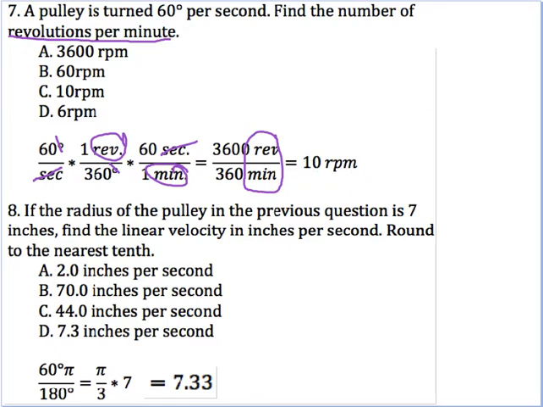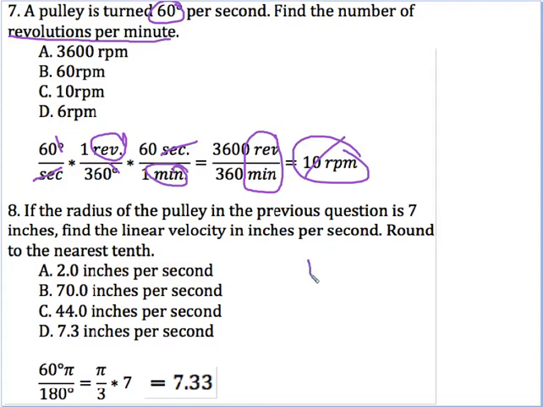Okay, now here's number 8. If the radius of the pulley in the previous question is 7 inches, find the linear velocity in inches per second. Now, if you try to use this, you're going to get the wrong answer. So there are 2 ways you can do this. You can go back to your angle of 60 degrees and convert it to radians by multiplying by pi and dividing by 180.